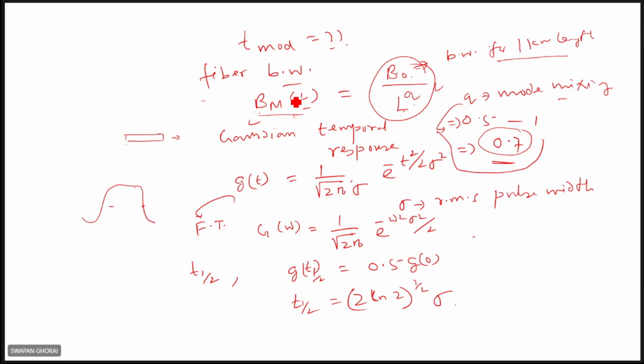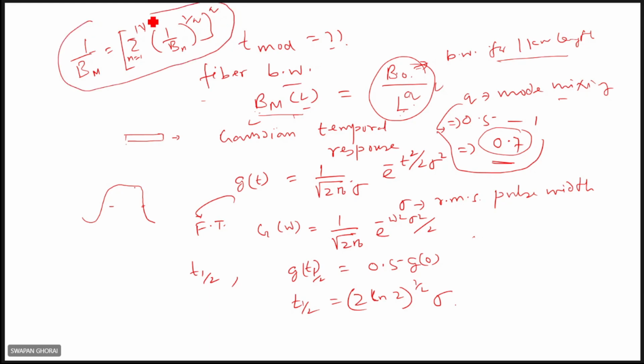One more expression you can see here: 1 by B to the power Q. So the fiber bandwidth B_M is the summation from n equal to 1 to N of 1 by Bn to the power 1 by Q, all to the power Q. There is another expression for fiber bandwidth, where Bn is the bandwidth of the nth fiber.